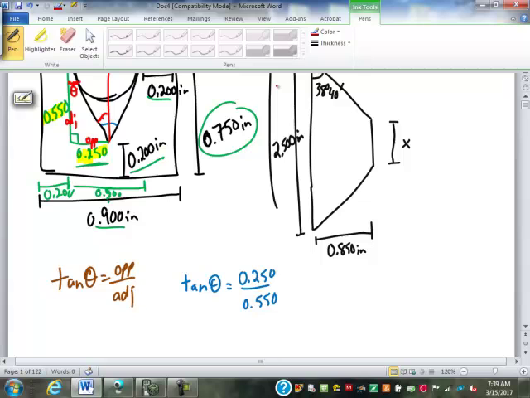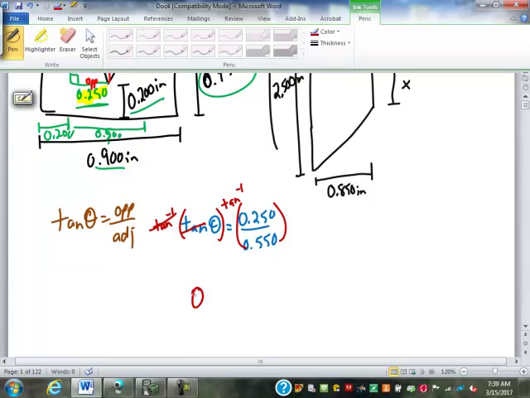When we are looking for an angle, what do we do? The inverse of whatever trig function we're doing. It's the tangent of that angle that we have. So to find the angle, we do the inverse tangent. Inverse tangent and tangent will cancel out. So there's this tangent here.